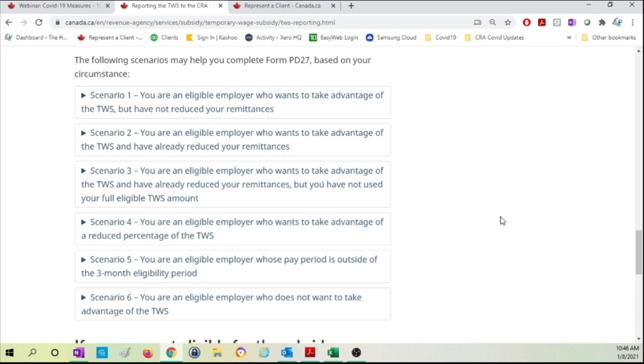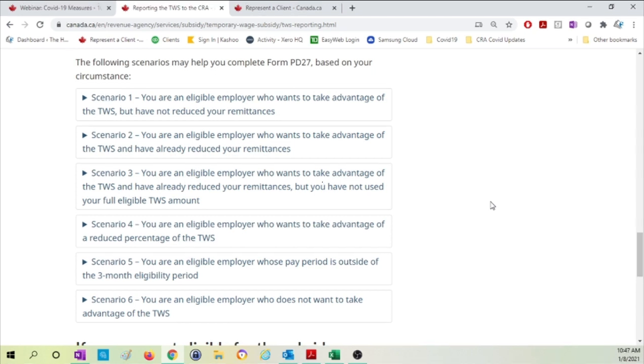And here are some example scenarios of the businesses that need to submit this form. It does need to be done before you submit your T4s so that CRA can marry it all together and reconcile and either bill you or issue you a refund or whatever needs to happen.